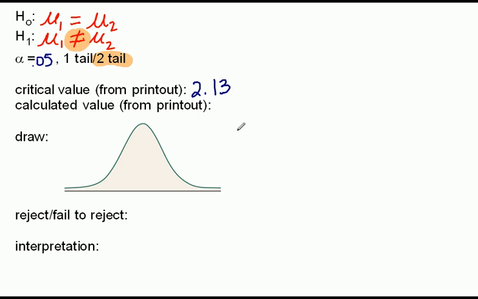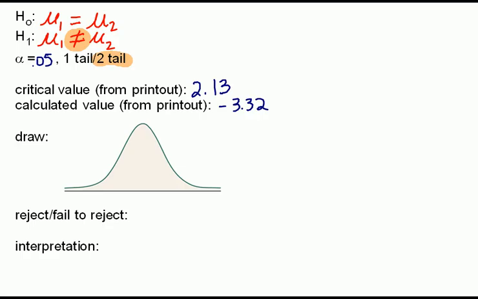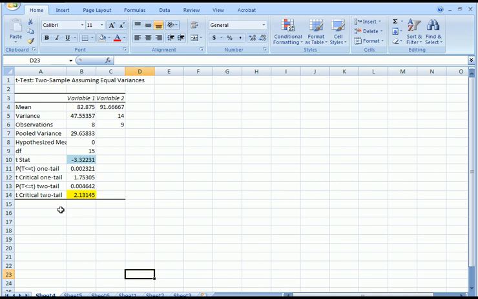The calculated value from Excel, in blue, is negative 3.32. Reading this carefully, I had to use a two-tailed critical value because I had a two-tailed hypothesis, not equal.